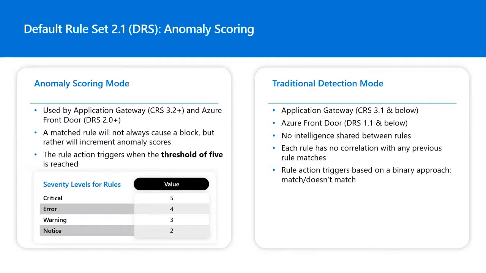And to touch on that a little bit more, when we're talking about traditional detection mode, if this wasn't clear: let's say you send a request to your Azure Front Door or Application Gateway with WAF enabled. In traditional detection mode, let's say there was some form of SQL injection in that. The first SQL injection rule that is hit would immediately block the traffic.